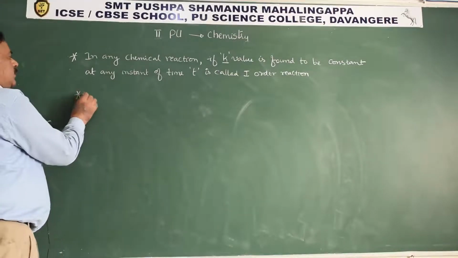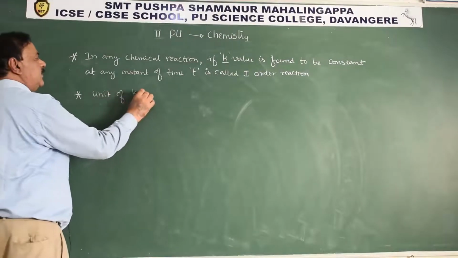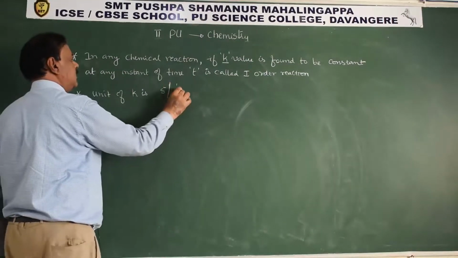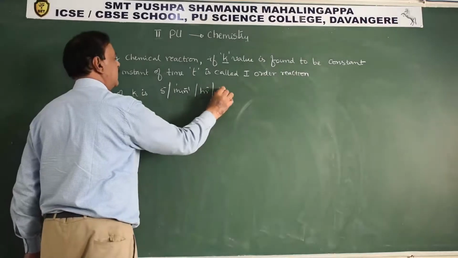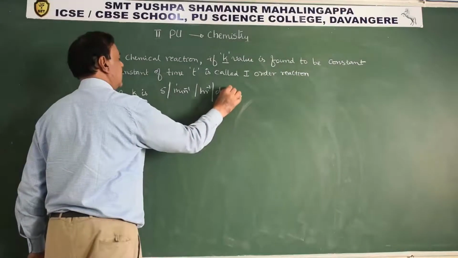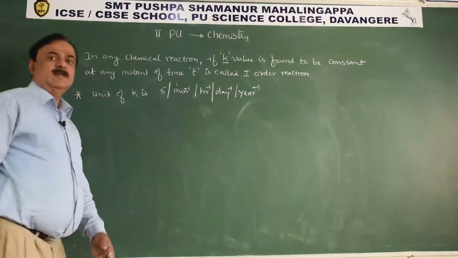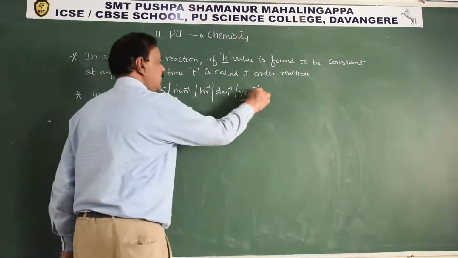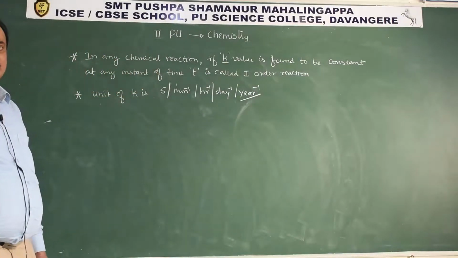Then unit of K is either per second or per minute or per hour or per day or per year also, because the decay of radioactive substances belongs to this category where the half-life period is found to be in years, not in terms of seconds.